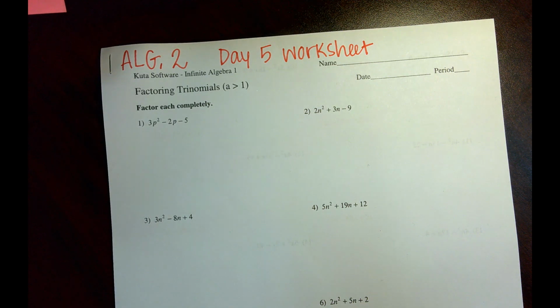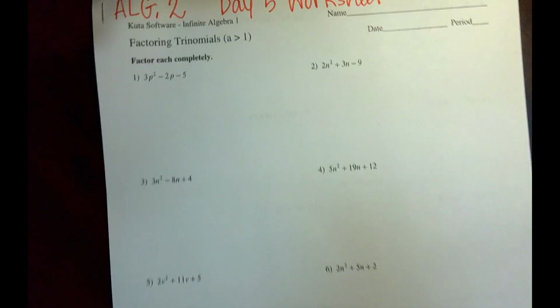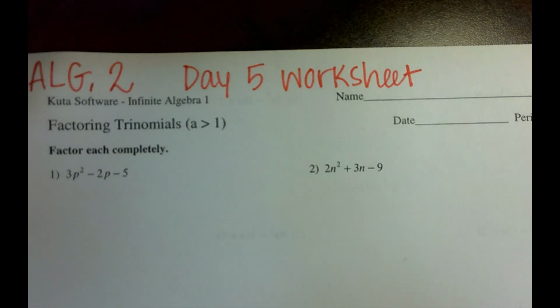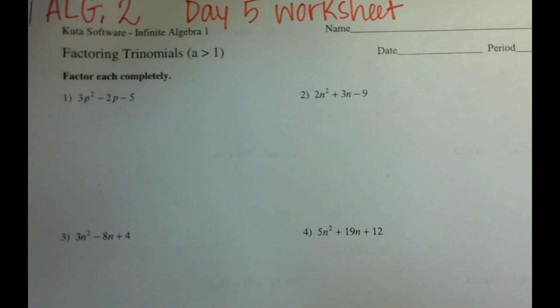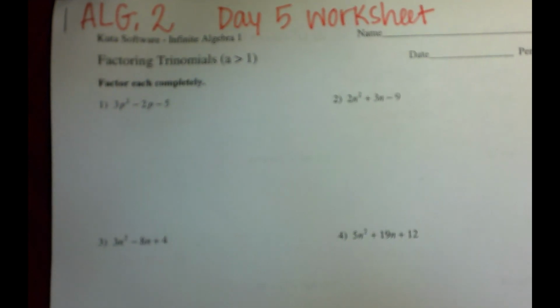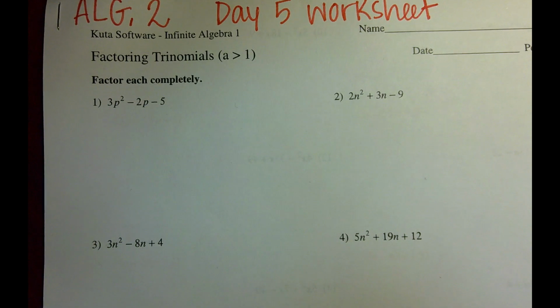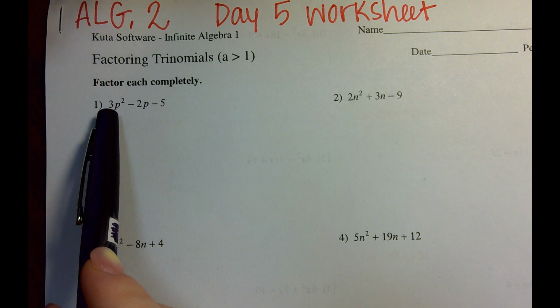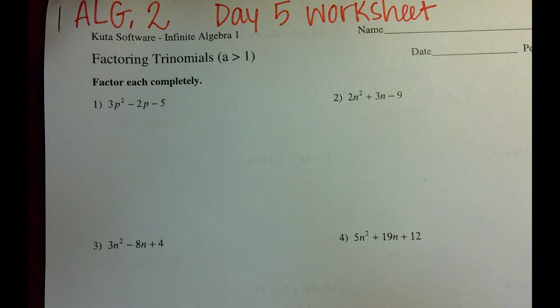Okay, so whenever we've been factoring quadratics or these trinomials, these expressions that have 3 terms, anytime that our first term, our A, is 1, we know that our factors are going to be x plus or minus something times x plus or minus something.